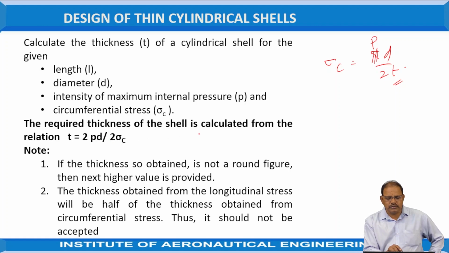So the required thickness of the shell is calculated from the relation sigma C is equal to PD by 2T.